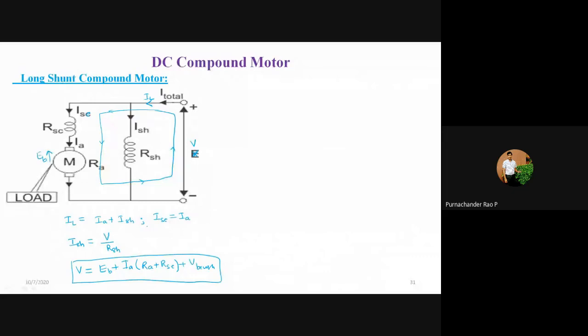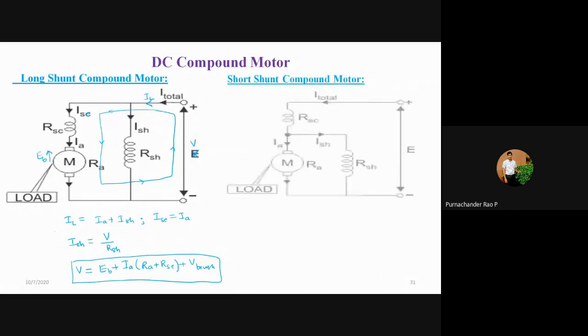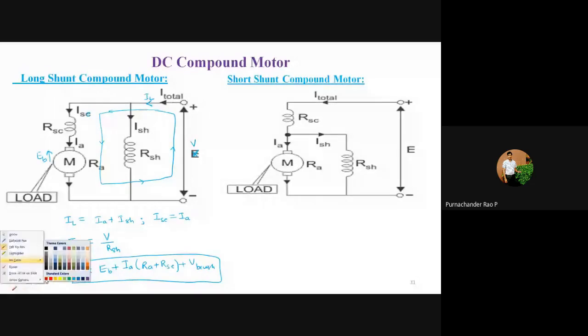Next, the short shunt compound motor. Again, the current passing through the series field winding, ISC, is equal to IL.